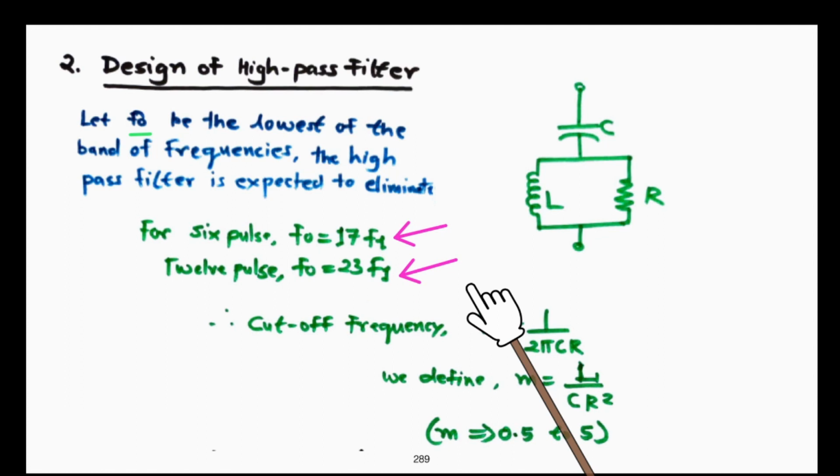As the order of harmonics increases, the magnitude of these harmonics proportionately decreases, and consequently harmonics of order higher than the 25th or 50th can be eliminated by a simple single high pass filter. The circuit is also straightforward.